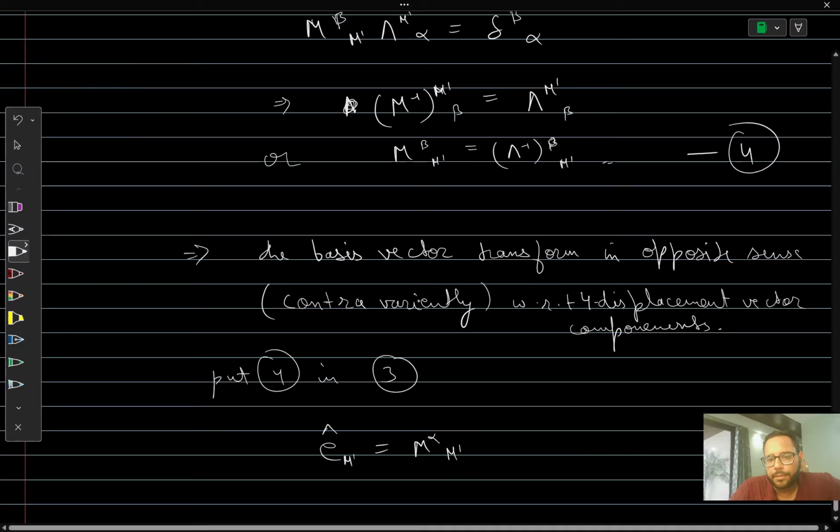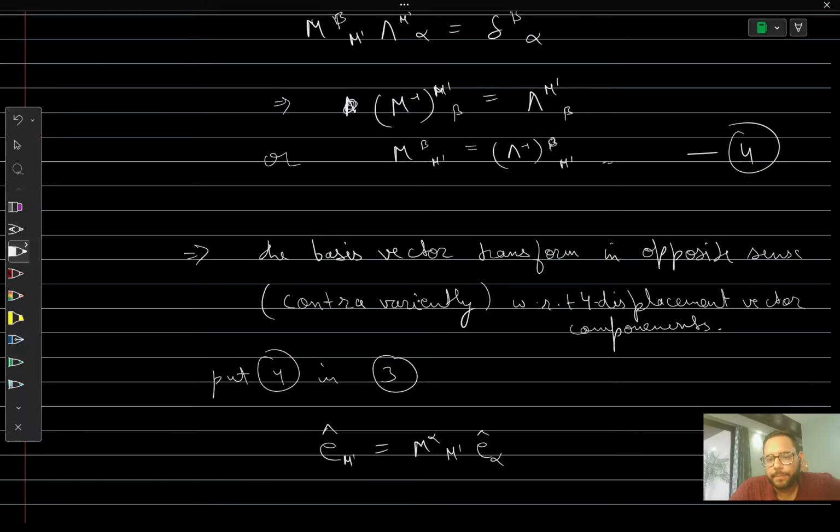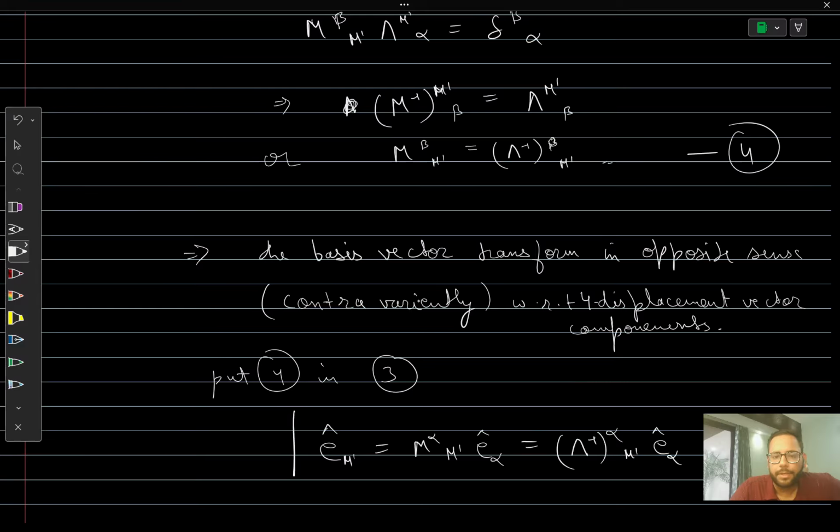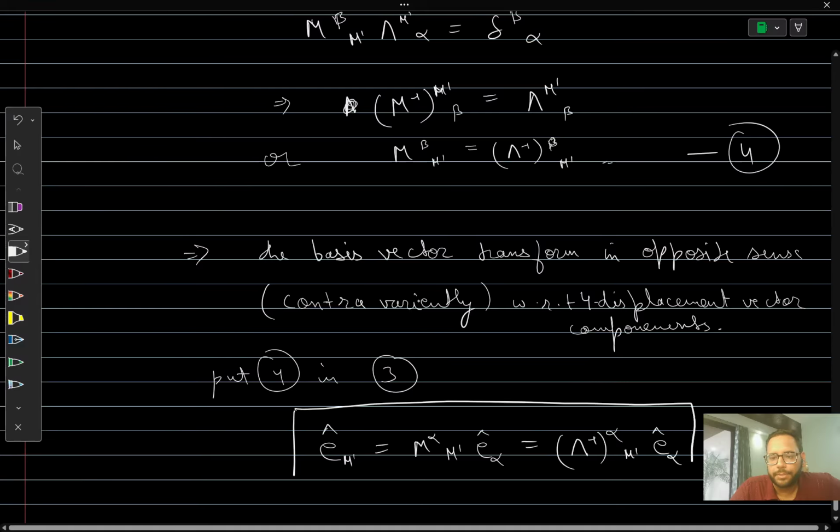I can write it as alpha is equal to the inverse of the Lorentz transformation alpha mu prime and beta. Okay, so they transform in opposite sense.